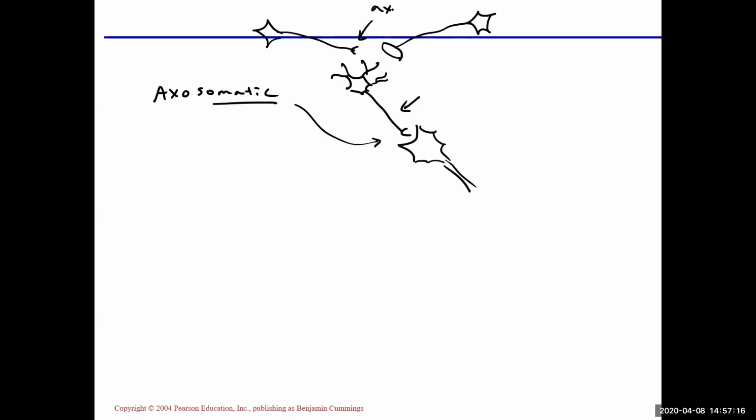This would be axodendritic. Axodendritic means the axon of one neuron, presynaptic, communicates with the dendrites of another. So you might find actually so many different ones: axodendritic, axosomatic.